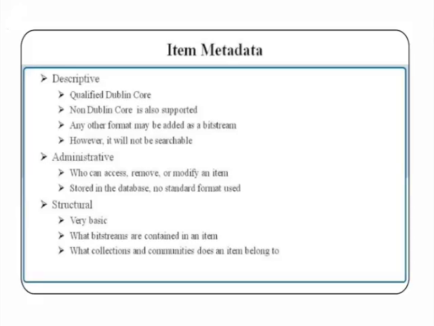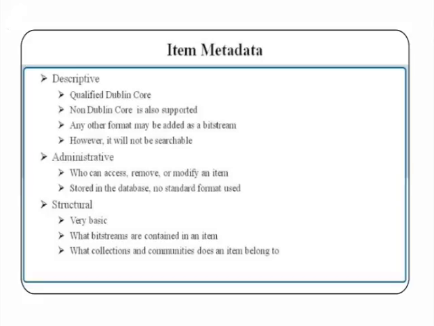Administrative metadata associated with an item can be access restrictions, meaning who can access, remove or modify an item. There is no standard format available for this type of metadata. Structural metadata describes very basic attributes about an item.